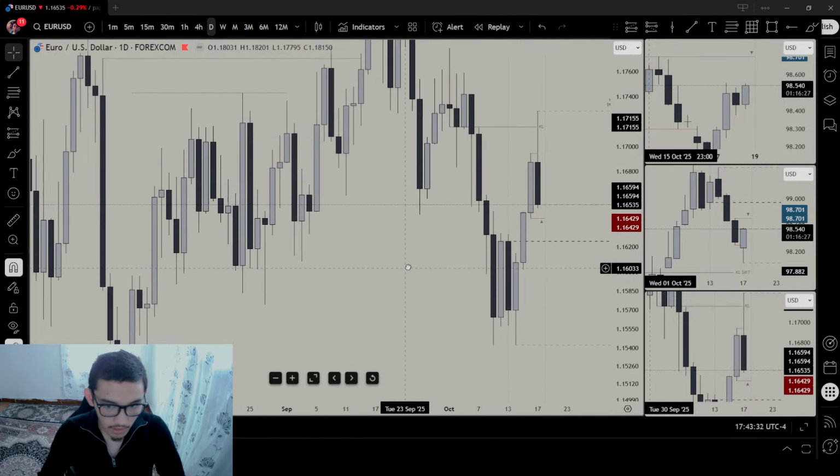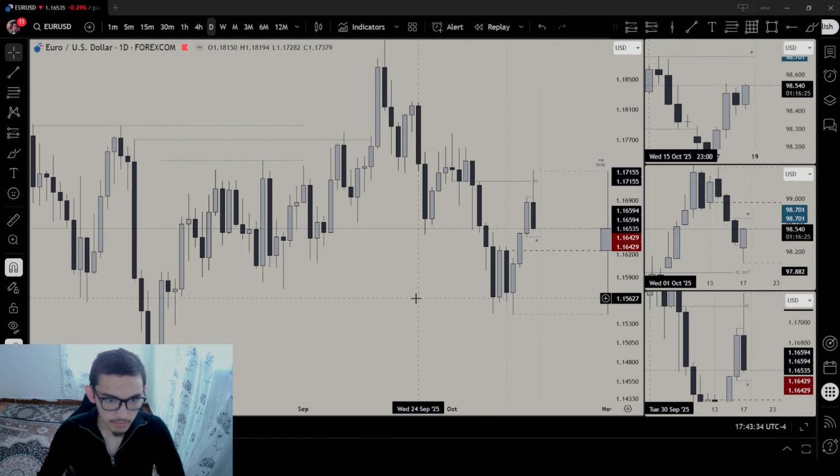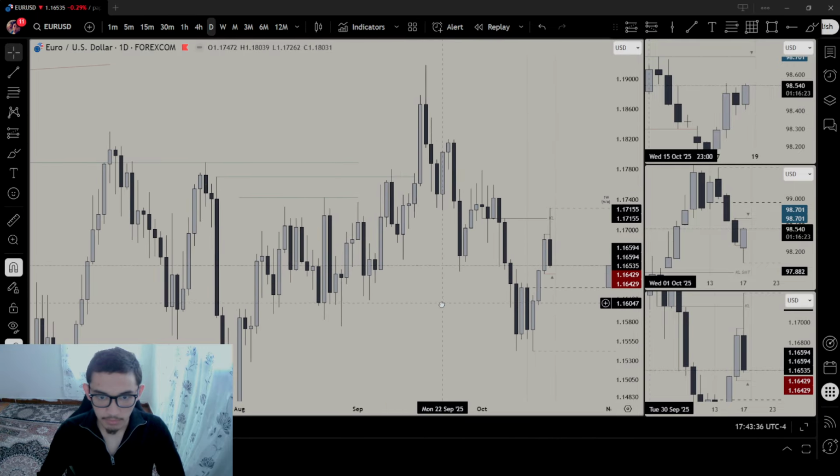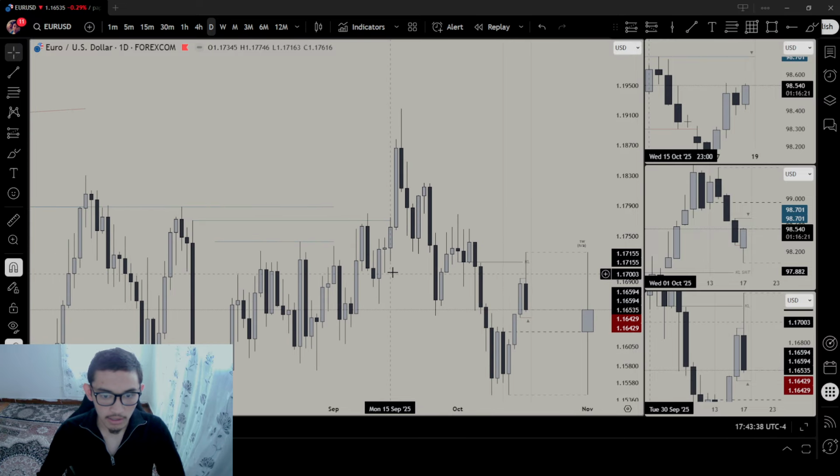So let me show you guys another example. There's multiple examples, right? Another example would be this case. How come this order block, this candle right here, pressed out an old high, and I did not make this an example? Why?